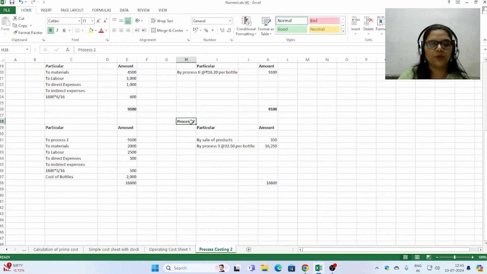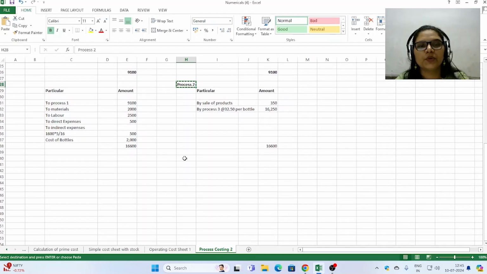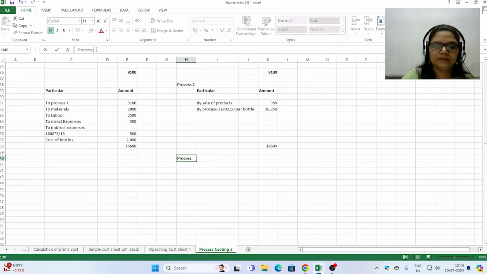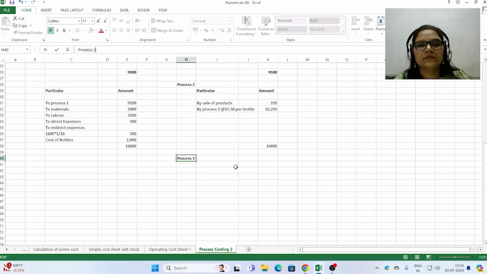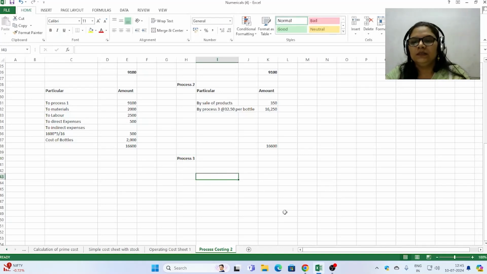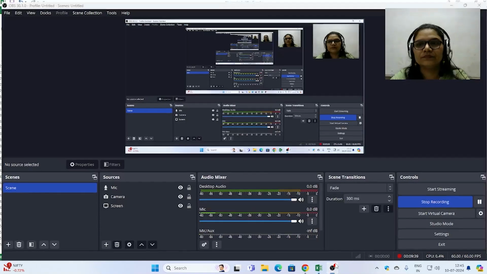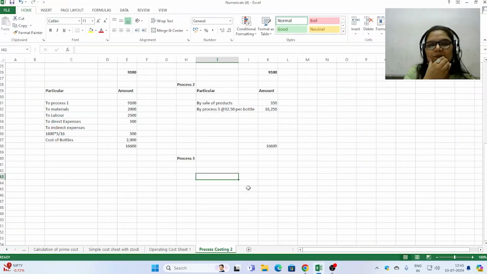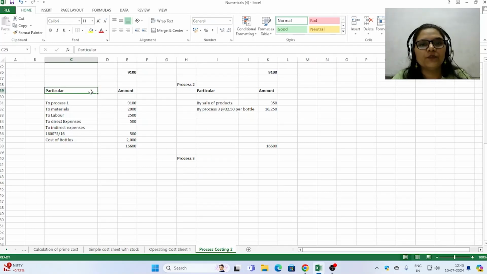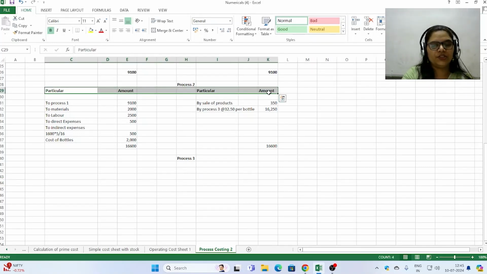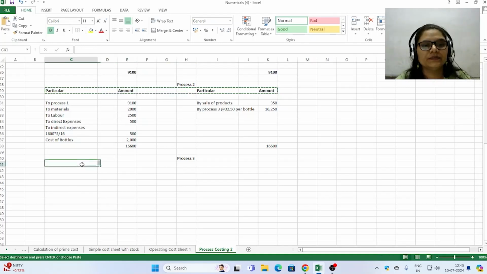Next is process 3. Now we will go for process 3. Process 3 is process 3. This particular format, we will copy as it is. There is no change in the format.